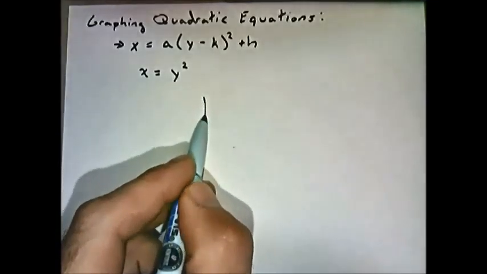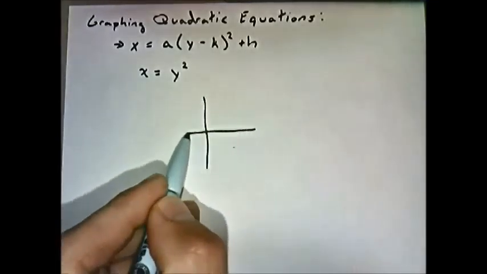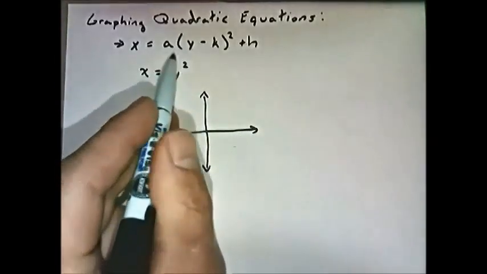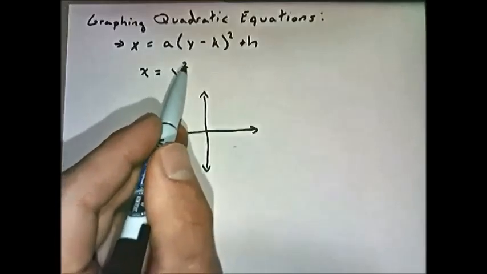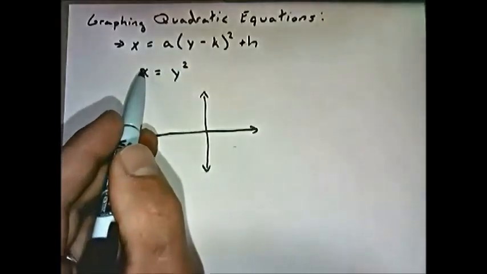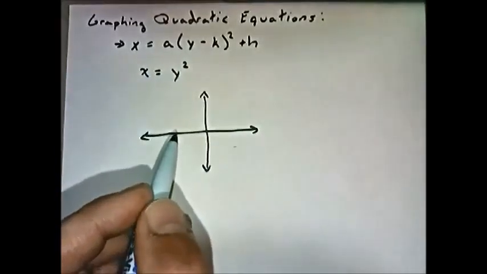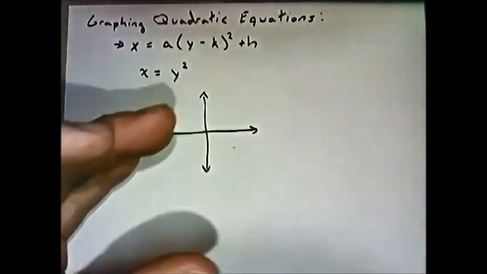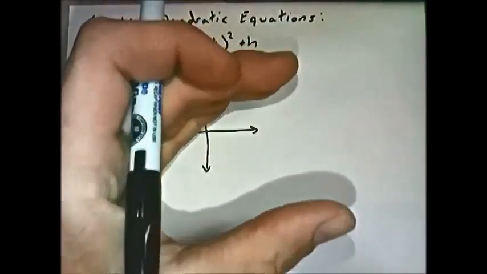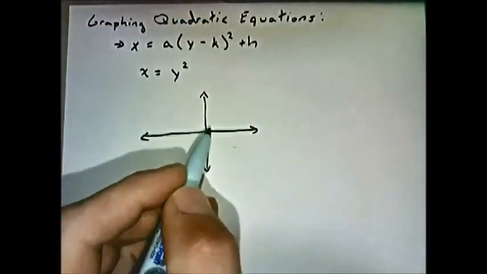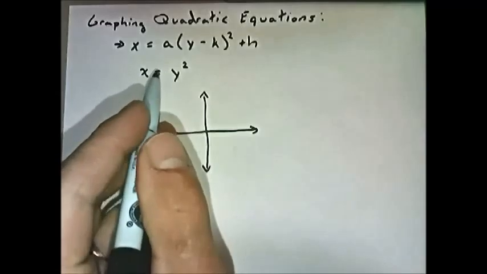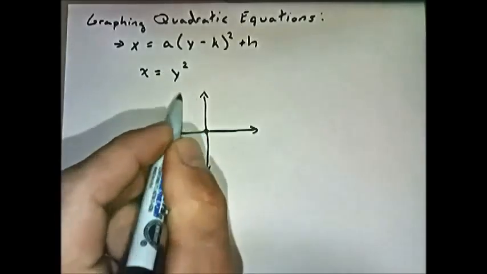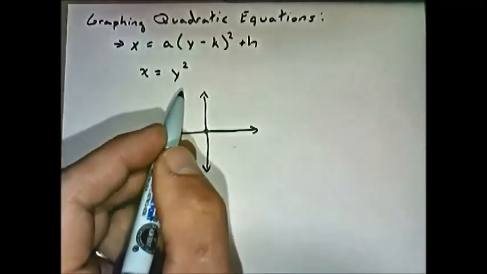So if I were to go ahead and graph this function, notice we do have a quadratic because we have that squared term, but we're in x equals y squared this time. So instead of our graph opening up or down, we're going to see it opening left or right. In this case, our vertex is going to be at 0, 0, just like it would be if it was x squared.